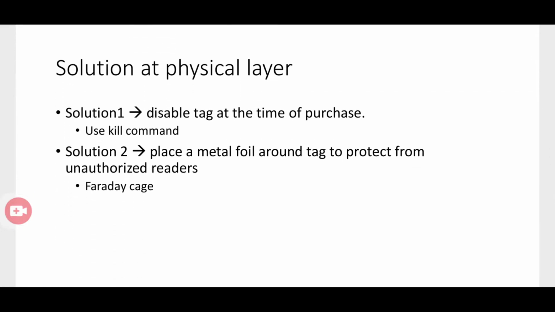At the physical layer, if you don't want to track a person, you can disable the tag at the time of purchase using a kill command, or solution 2 is to place a metal foil around the tag to protect it from unauthorized readers. That is all done at the physical layer. That helps, because the reader can't read the RFID tag of a person.